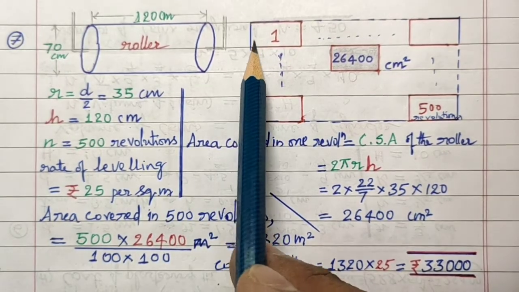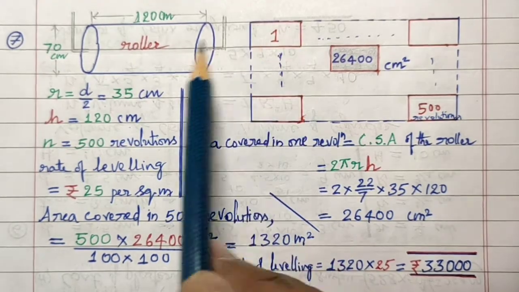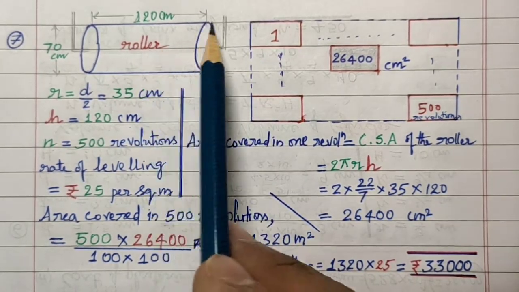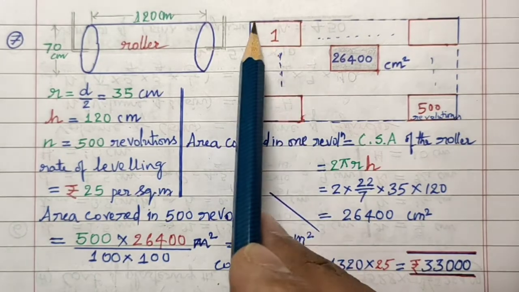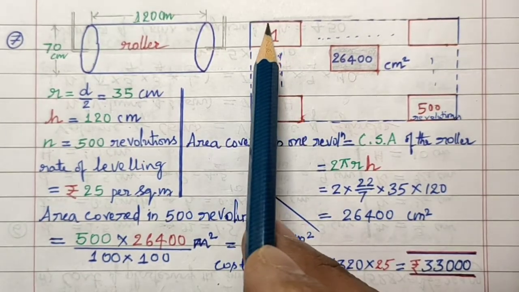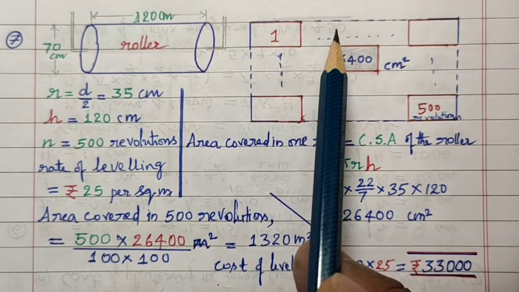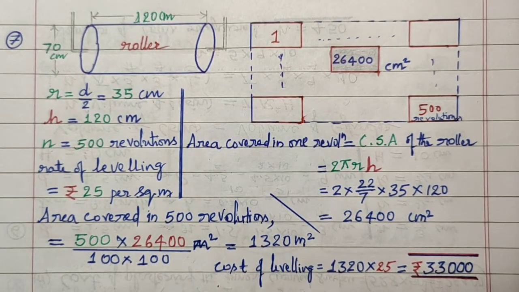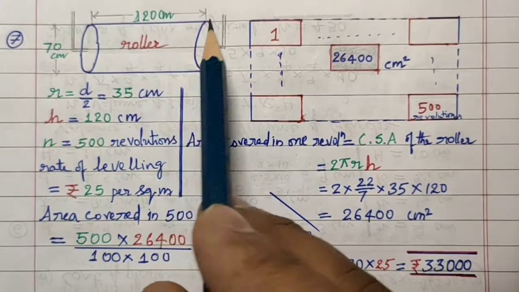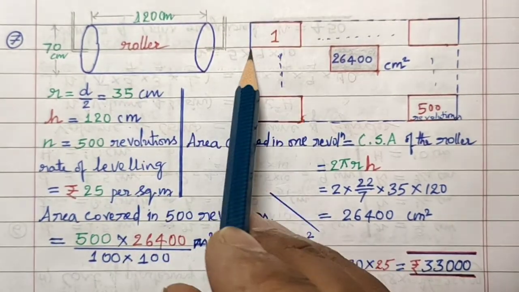So this is the area covered in one revolution. If you open it and keep it flat, this is the area, which we can call the curved surface area. When you open this and keep it, it occupies this much space.